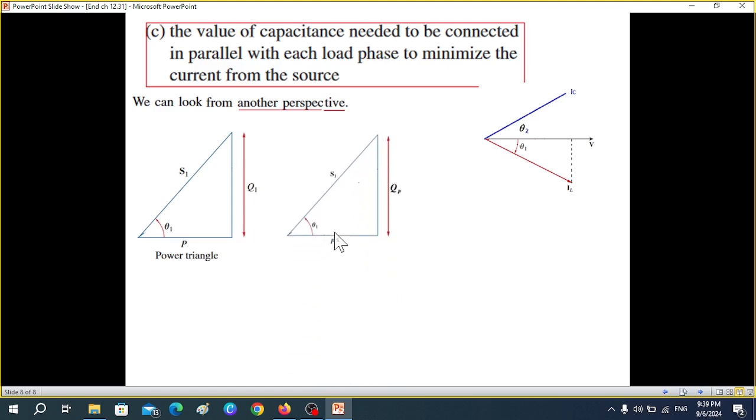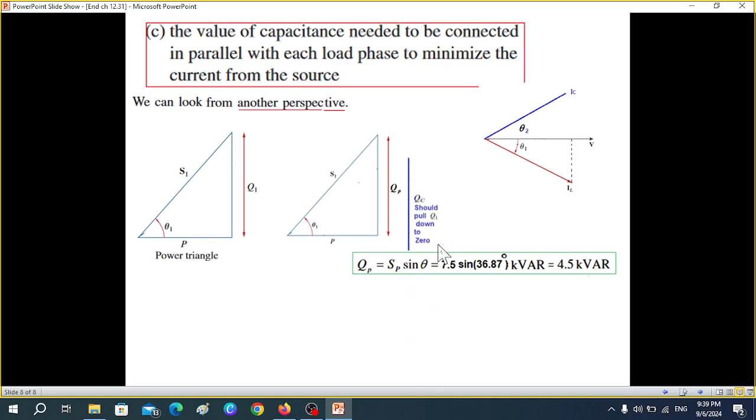That means, since QP is 4.5 kVAR, this value we have calculated, our capacitor should pull it down to 0.